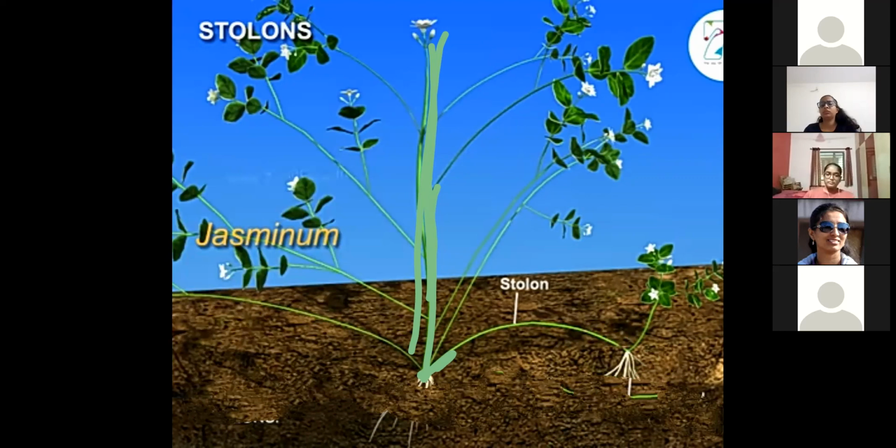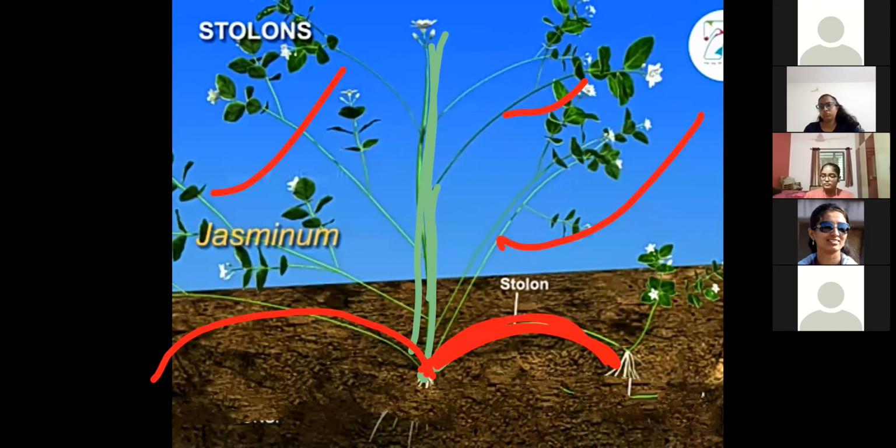So over here, this branch is actually leafless. This one is the branch which is nearer to the soil surface, that is leafless. You see, all the other branches have leaves, but the branch nearer to the soil surface is leafless, and it bends in such a way that it forms this arc-shaped structure.